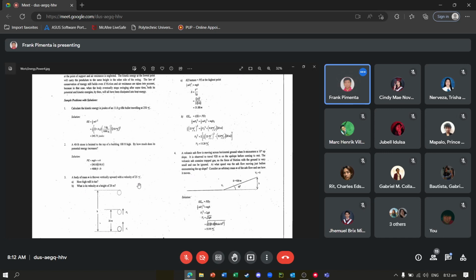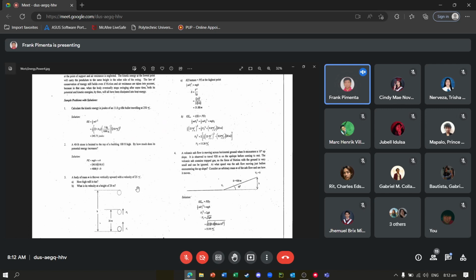So, first we have to write what the given data are. Mass of the body is m. It is given an upward velocity of 25 meters per second. So those are the given data. This is the initial velocity.